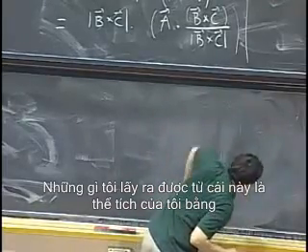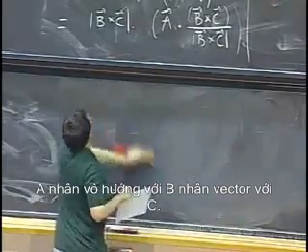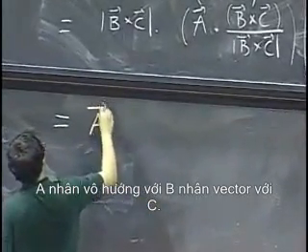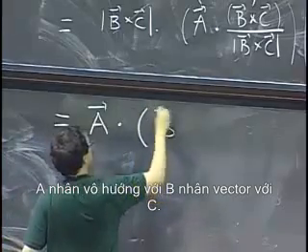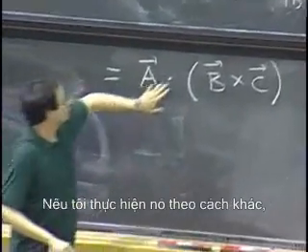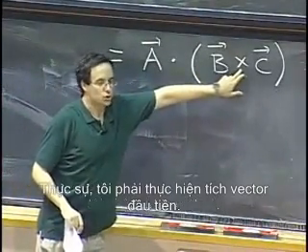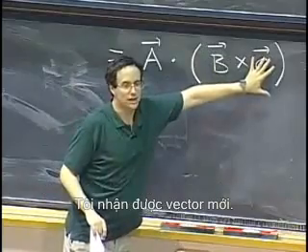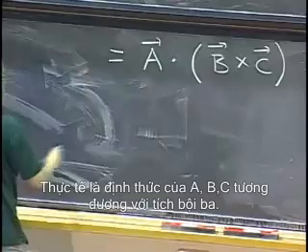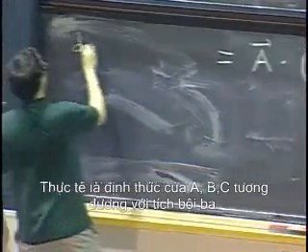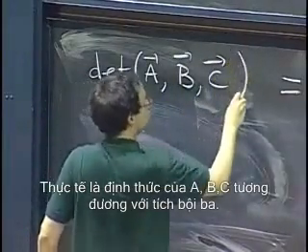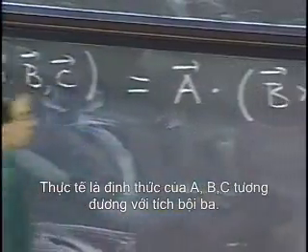What I get out of this is that my volume equals a dot product with the vector b cross c. And of course, I have to be careful in which order I do it. If I do it the other way around, a dot b, I get a number, I cannot cross that. So, I really have to do the cross product first. I get a new vector, and then I dot product. Okay, so the fact is that the determinant of a, b, c is equal to this so-called triple product.